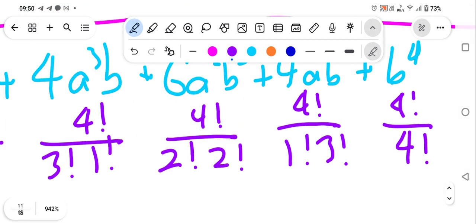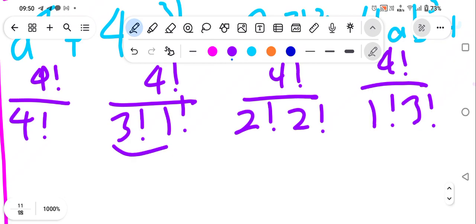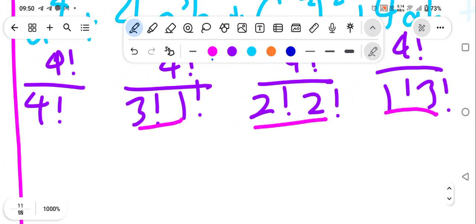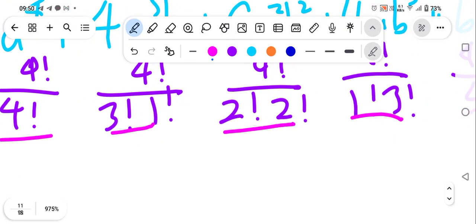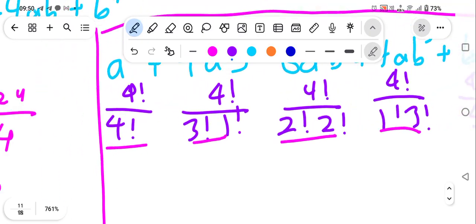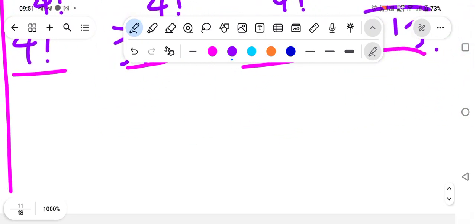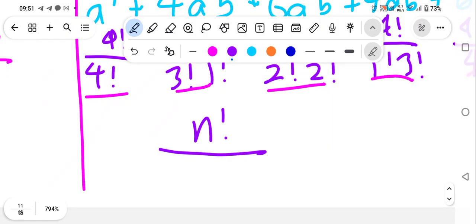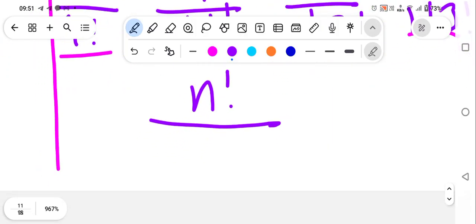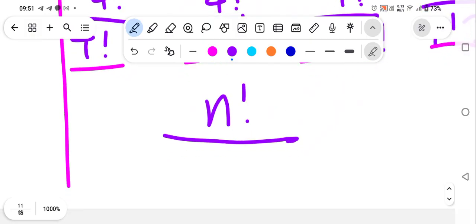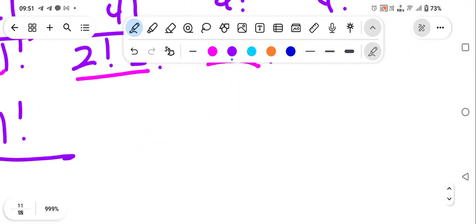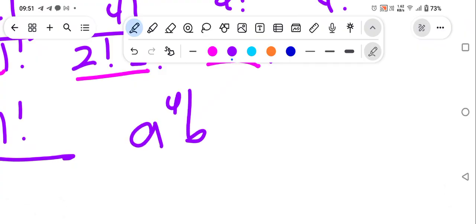Okay, so what do I notice? You see, these two numbers add up to 4. What's even more amazing is there is a pattern that explains it. Let's assume that we have a power of n, and the coefficient has k a's.